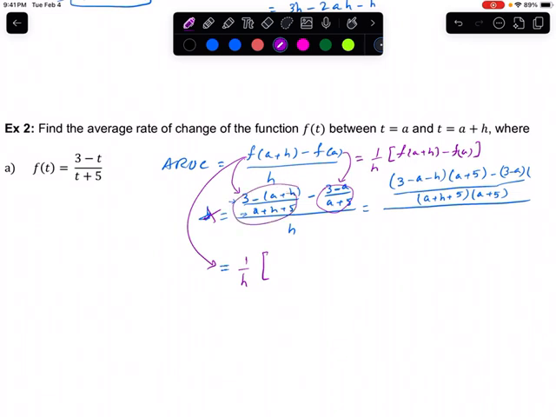So f of a plus h will be 3 minus a plus h, or 3 minus a minus h, over a plus h plus 5, and minus f of a will be 3 minus a over a plus 5. The next term is 1 over h. Now we can have the common denominator.